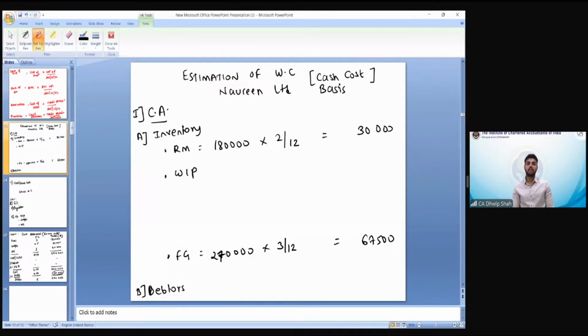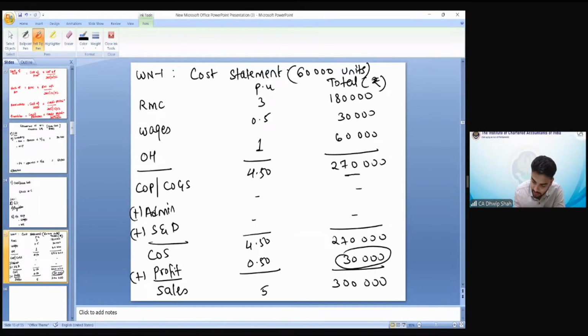ठीक है. Now WIP. This is very crucial. WIP पे ध्यान देना. ये जो मैंने ज्यादा space छोड़ी है उसका भी एक reason है. Can I say WIP is based on cost of production? Yes, that we have learned. So cost of production is 270.